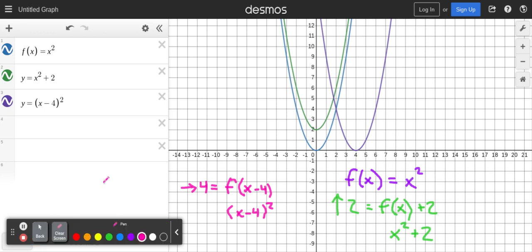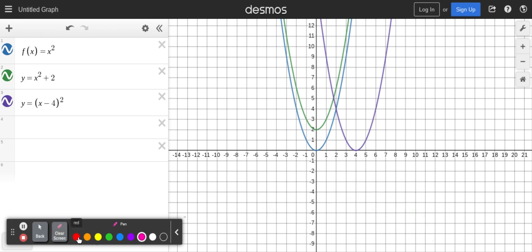All right, let's talk about stretching it real quick. So let's say we want to stretch by a factor of 3. I'm going to erase all this stuff on the bottom here so I have a little bit of room. If I want to stretch it by a factor of 3, a vertical stretch by a factor of 3, we're going to do 3 f of x.